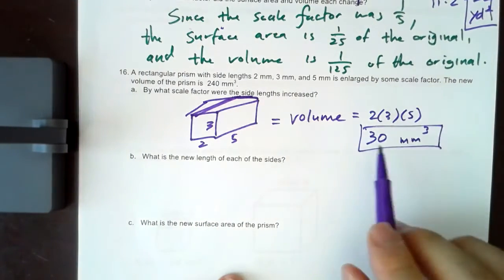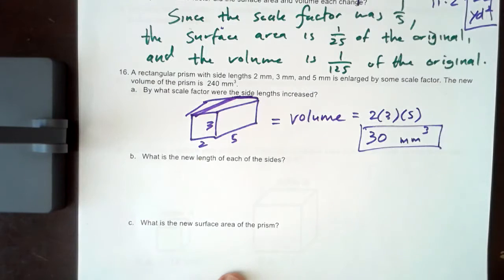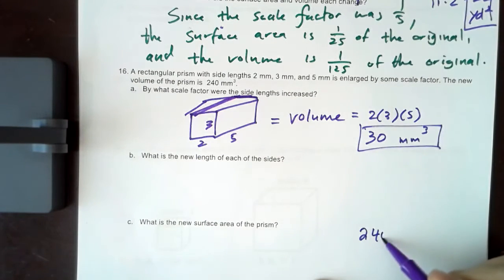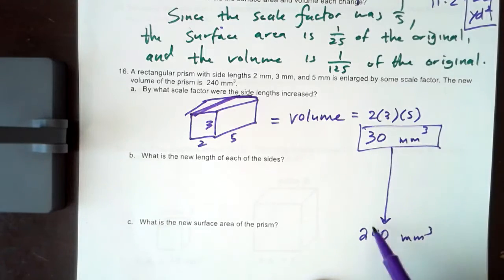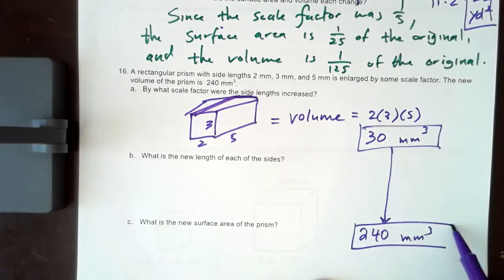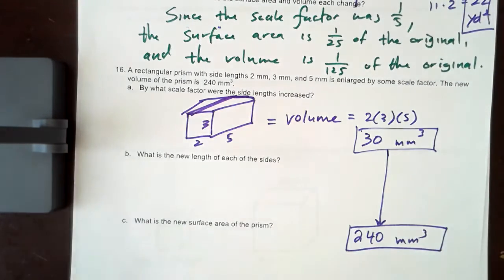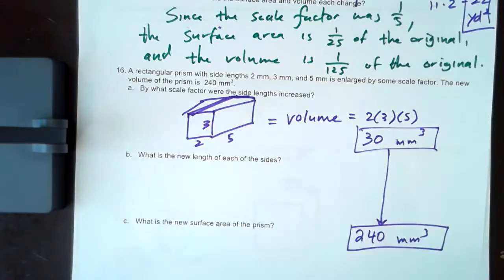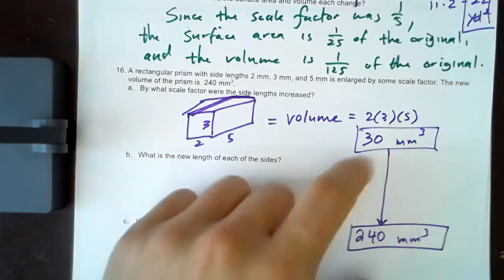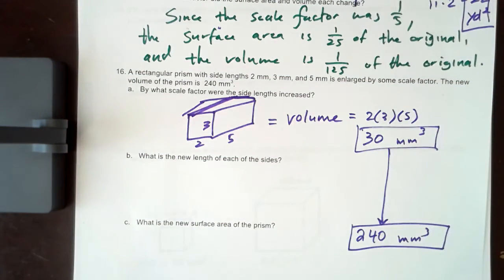Now, if I told you that the original volume was 30 millimeters cubed, and all of a sudden I said the new volume is 240 millimeters cubed, does that mean that the scale factor is 8? No. I know you're thinking 8 because 240 divided by 30 is 8, but that doesn't mean that the scale factor is 8.